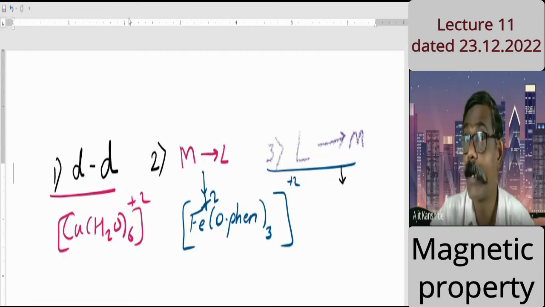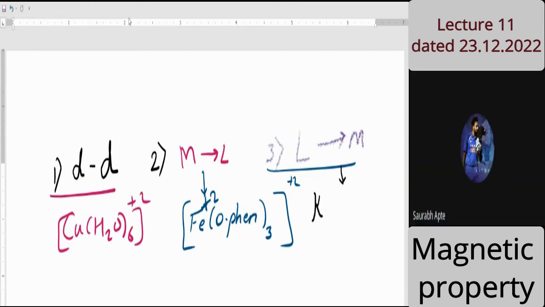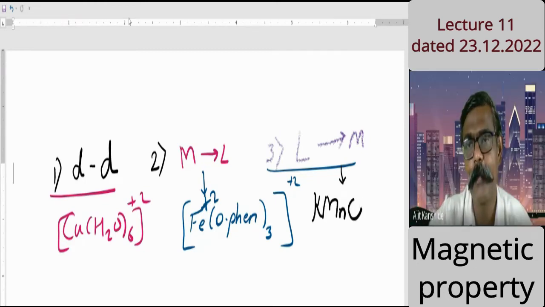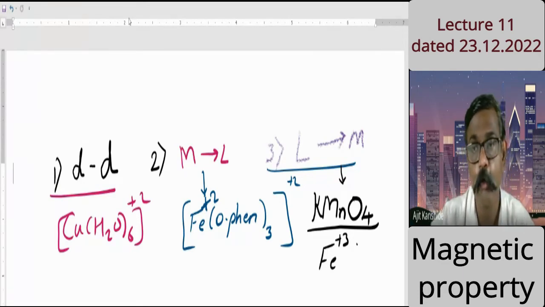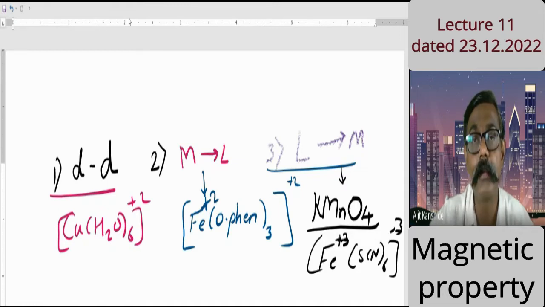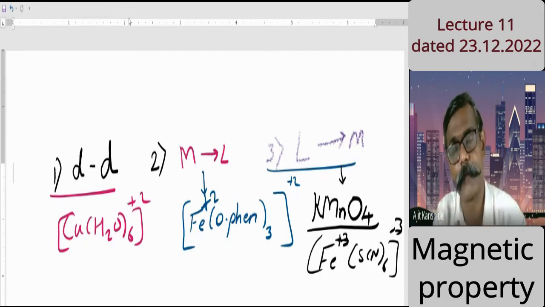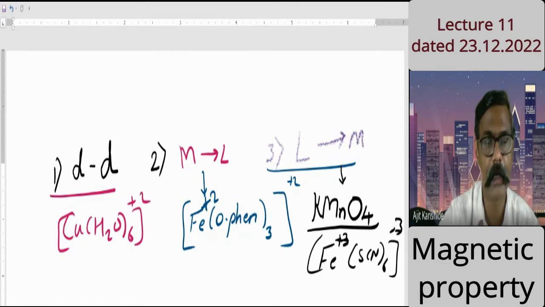Yes, it is true, but I want a compound. KMnO4, potassium permanganate, or iron in +3 oxidation state and its complex with thiocyanate. It shows a reddish coloration. So these are the examples for the types of transitions.